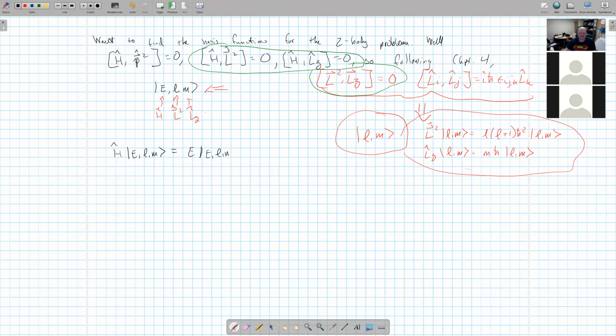If we act on it with L squared, again this just pulls out the angular momentum, l times l plus 1, times h bar squared times |E l m>. And finally, acting Lz onto all this just pulls out the magnetic quantum number, or the z portion of the angular momentum, m times h bar times |E l m>.